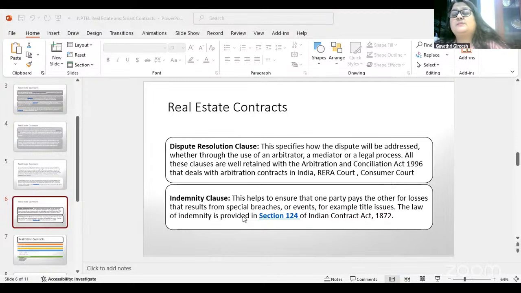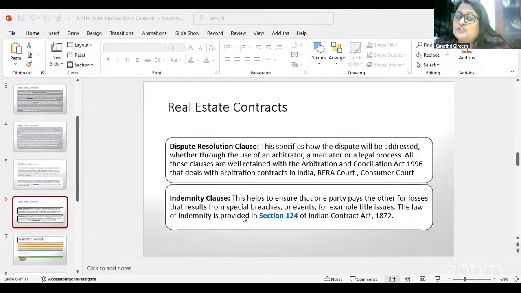So when there is a dispute, this is the major aspect in real estate contracts, because any contract or transaction involving land matters has a lot of disputes, because one of the major disputes in the Indian courts is land revenue matters or land transaction matters. So under the Indian legislative framework, you have the court processes, which I'll deal with later, and you have the Arbitration and Conciliation Act.